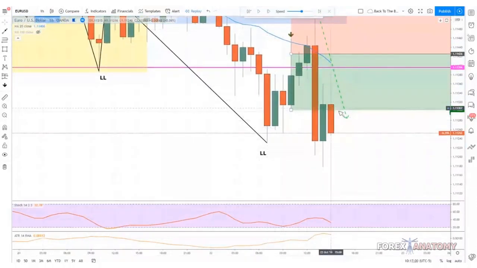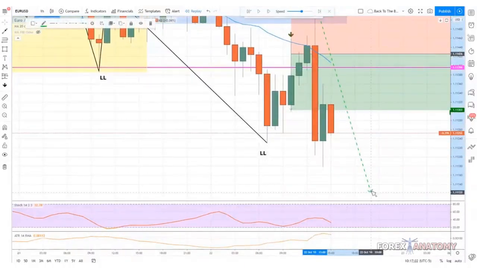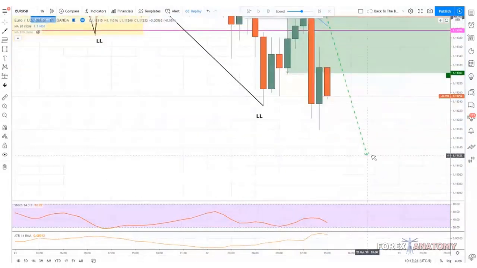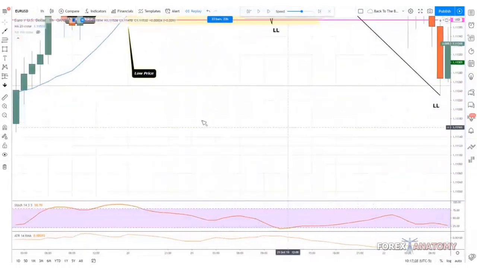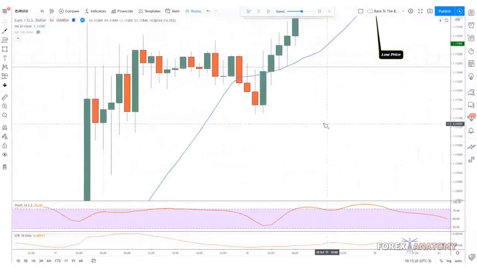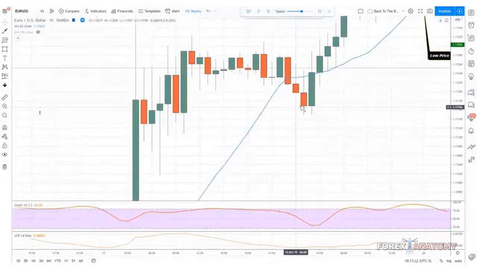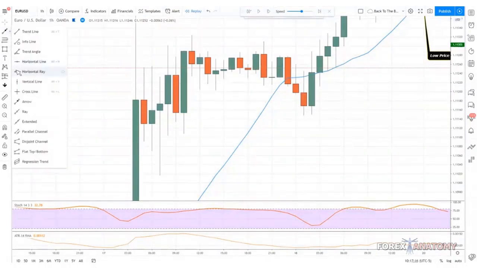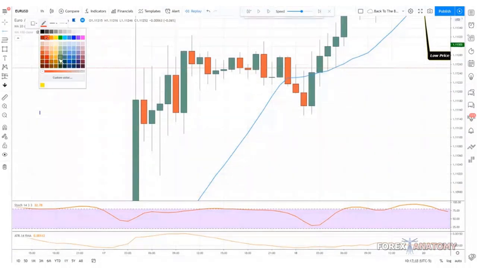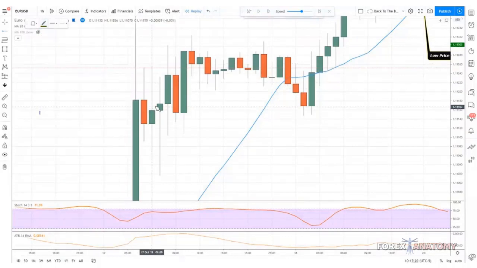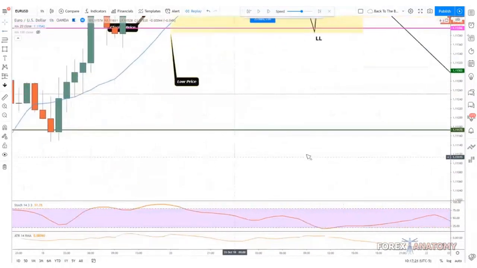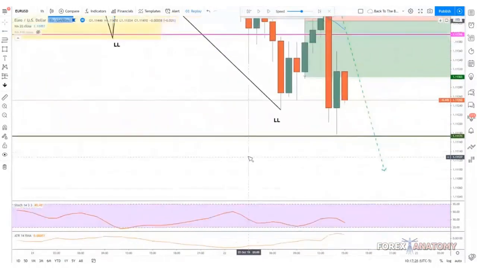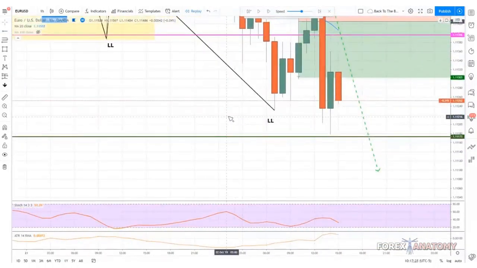But let's see if we can get an extension lower, to this area right here, because we have structure and support. So I'm just going to place a green line right around this area. Let's say we want price to reach this area, and it pretty much did already.